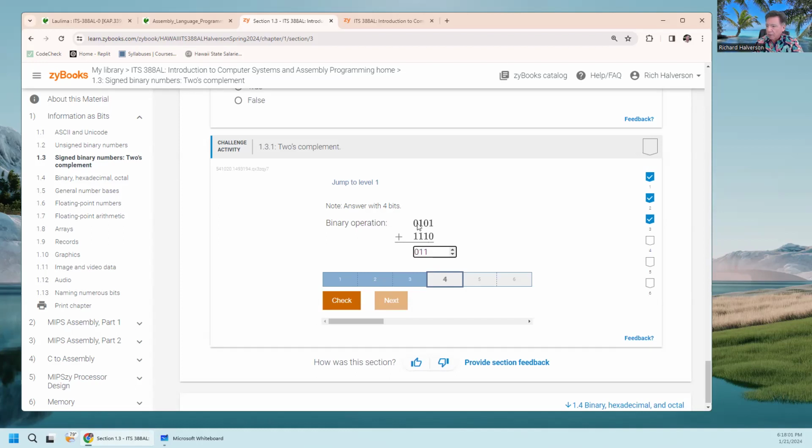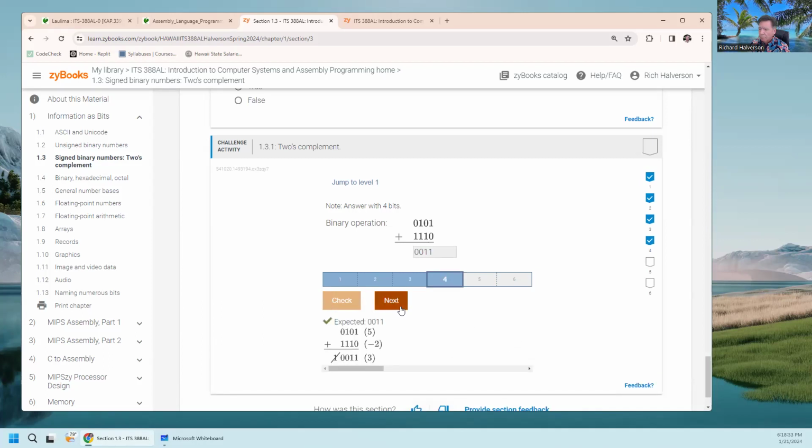And then 1 plus 0 plus 1 is 0, carry the 1. Is that right? One plus one is 0, carry the 1. Okay, yes, I think that's right.